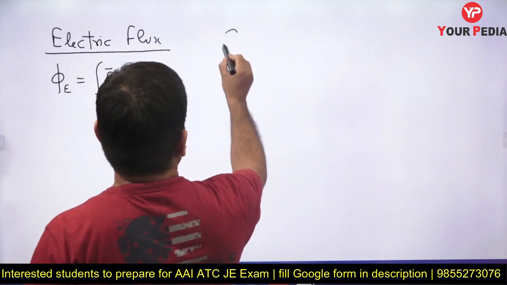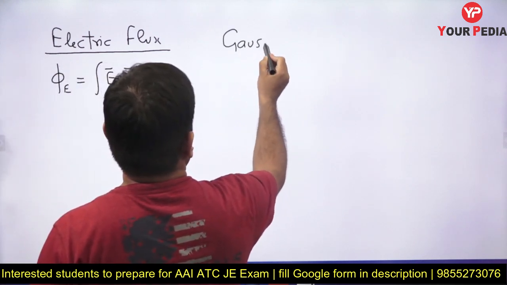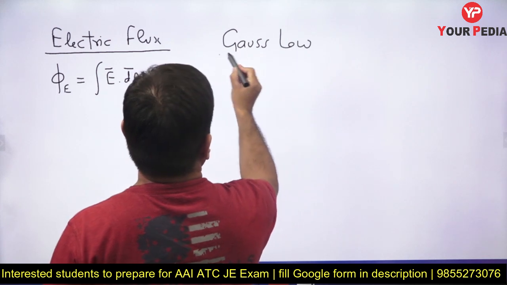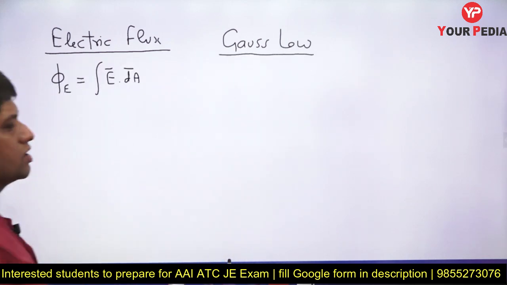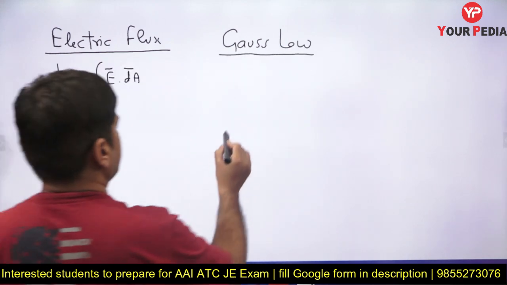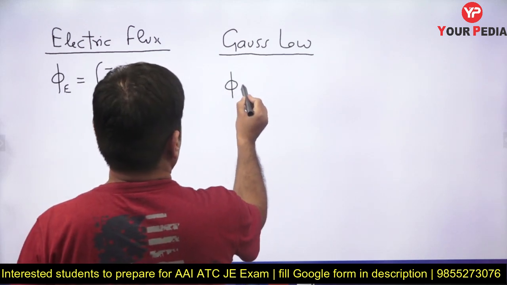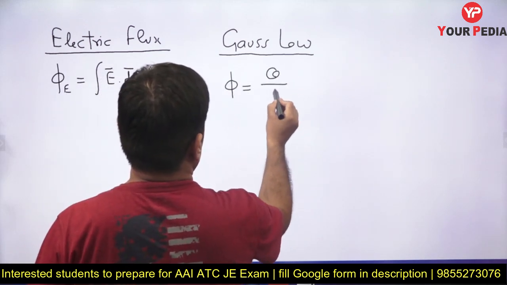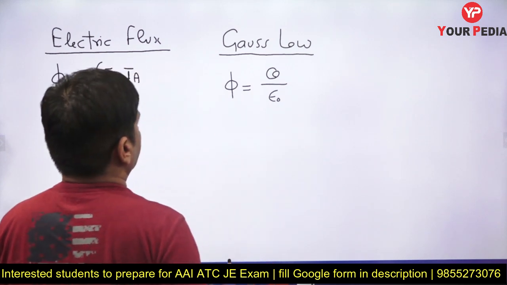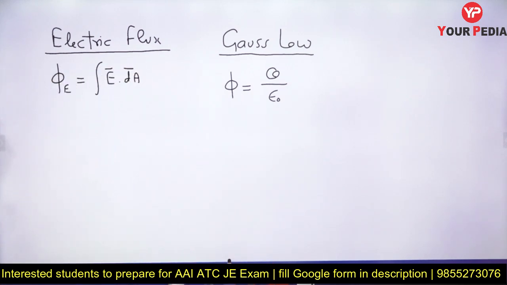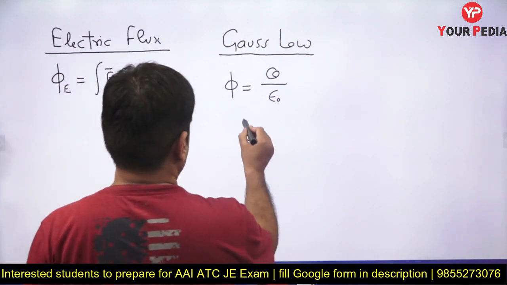Then we discussed about Gauss law, which was also derived using this particular concept only, and that says that electric flux is equal to Q by epsilon naught, where Q is the charge enclosed by a particular surface. We called it Gaussian surface.